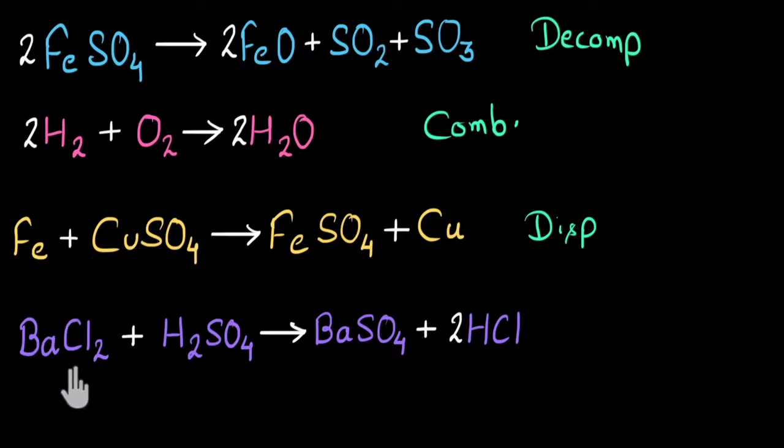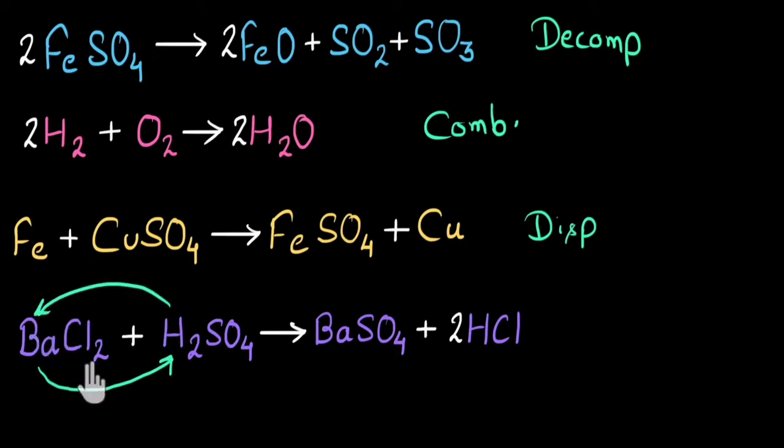Now let's look at the last part. Barium chloride plus hydrogen sulfate gives me barium sulfate plus hydrogen chloride. So I can notice over here that barium was initially combined with chlorine and hydrogen was initially with sulfate. But later on what is happening, that barium is switching places, is getting combined with sulfate, and similarly hydrogen is switching places.